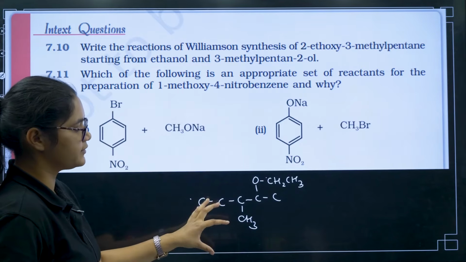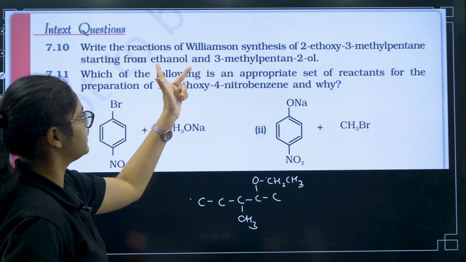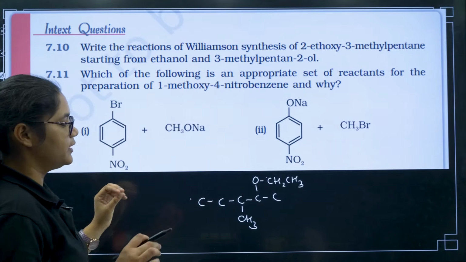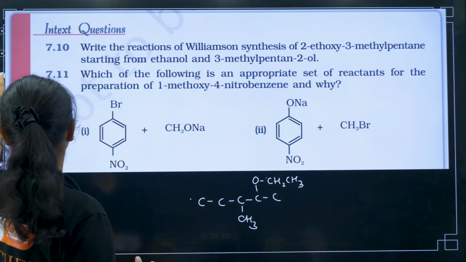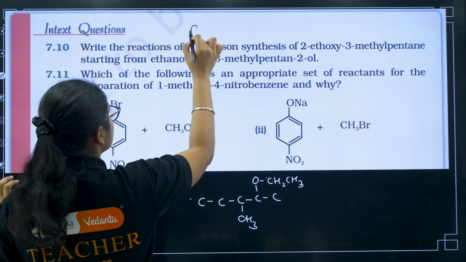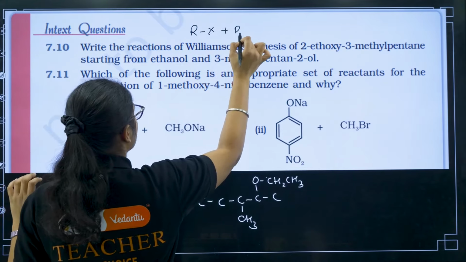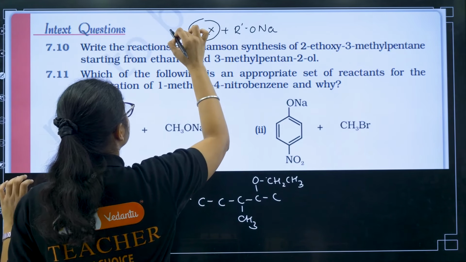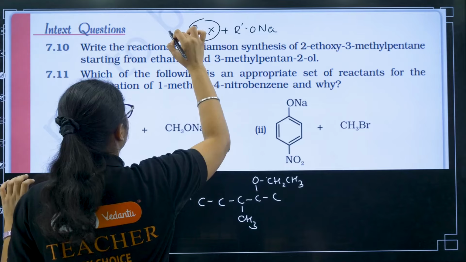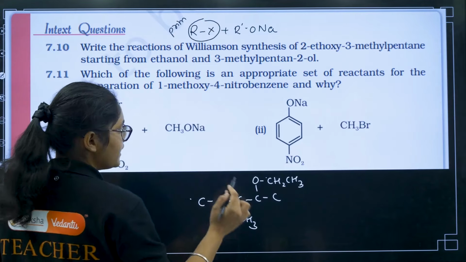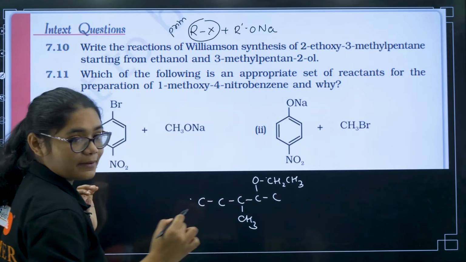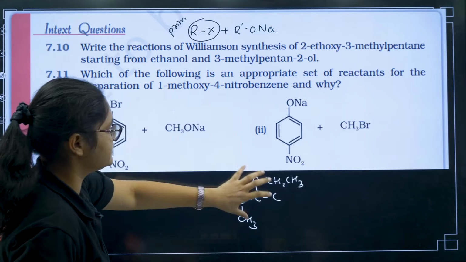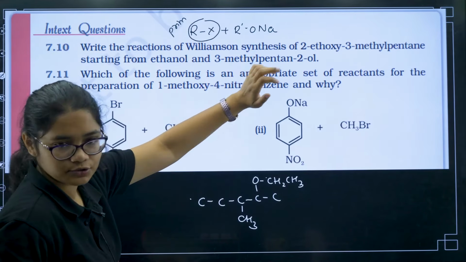I have to construct this one using these two reagents. Okay, so if you remember, the Williamson ether synthesis takes place between R-X and R-ONa. And this group should always be a primary group, right? So I will take this ethyl group as the R-X group, and this one I will take as R-ONa.